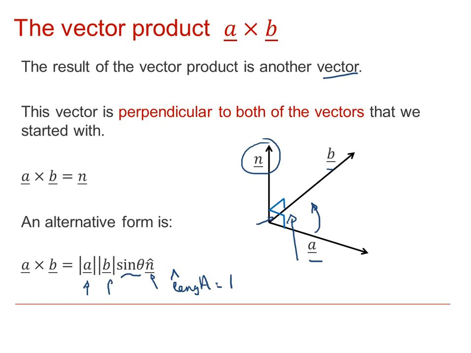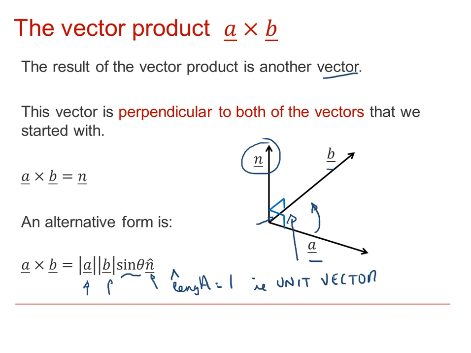So it's what's called a unit vector, which is normal to A and B. So look at the similarity between that and the definition of the dot product, which was |A||B| cosine theta, but of course that's a scalar. Here we've got a vector, hence we need this n hat in there.